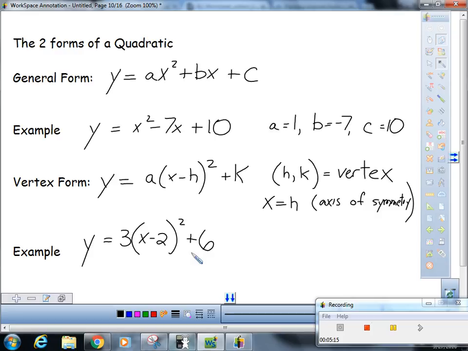Well, that means our vertex is positive 2 comma positive 6. That's the tricky part about pulling out the vertex, is you got to flip the sign on this number, but you do not flip the sign on this number because it's really talking about the translation. We went right 2 up 6. That's what the translation does to our function, which is why the vertex is positive 2 comma 6. The axis of symmetry will be x equals 2.